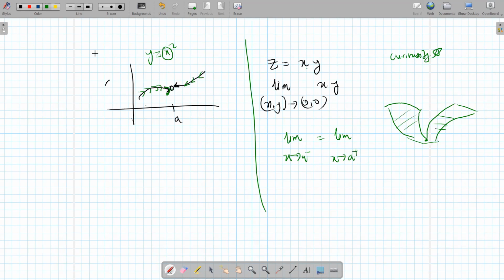Now when you're talking about a surface, things fail, because to get here you can go this way, this way, this way, this way. Are you seeing this? There are so many ways to go there. How many ways are there to get to that point? There's an infinite number of ways to get to that point.